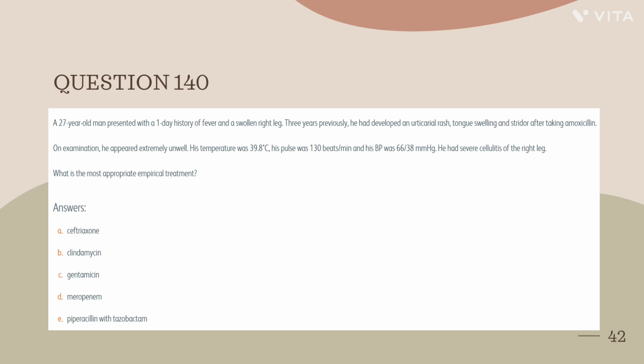What is the most appropriate empirical treatment? So usually we give penicillin drugs, but here the previous drug reaction, that too a severe anaphylactic reaction to amoxicillin, will prevent us from giving penicillin drugs. So the other option is clindamycin. It has an antitoxin effect because usually the causative organism of cellulitis is streptococcal or staphylococcal. So for that you would give penicillin drugs. When there is a severe reaction, you can give clindamycin, which has that antitoxin effect. Ceftriaxone, a cephalosporin, again will have that.